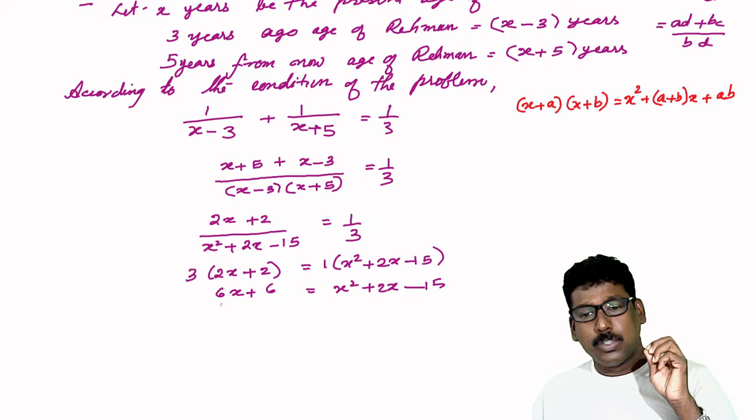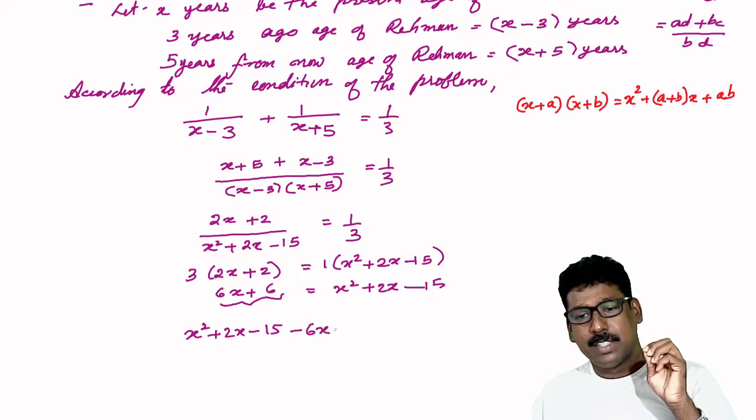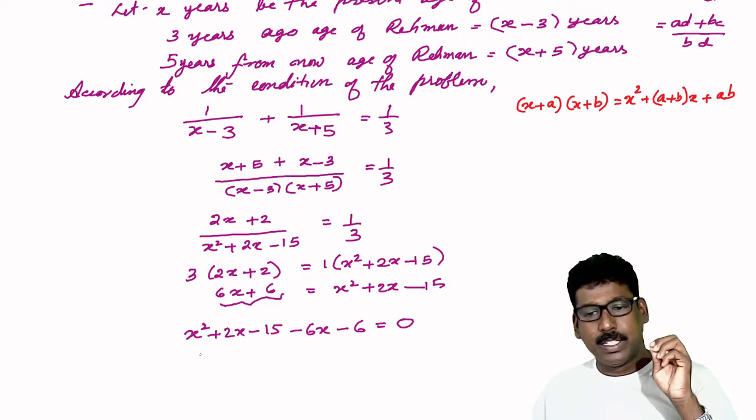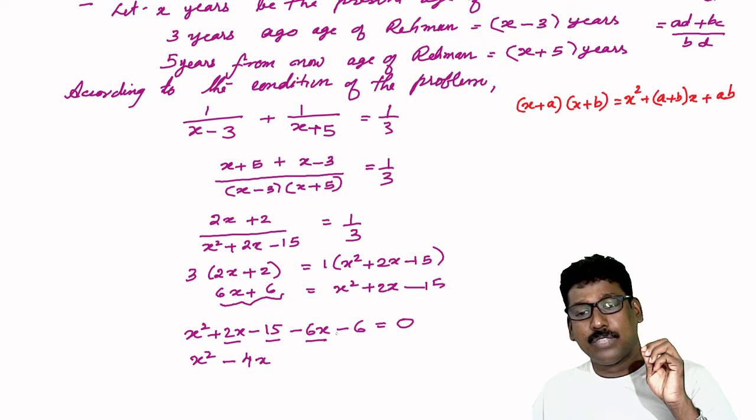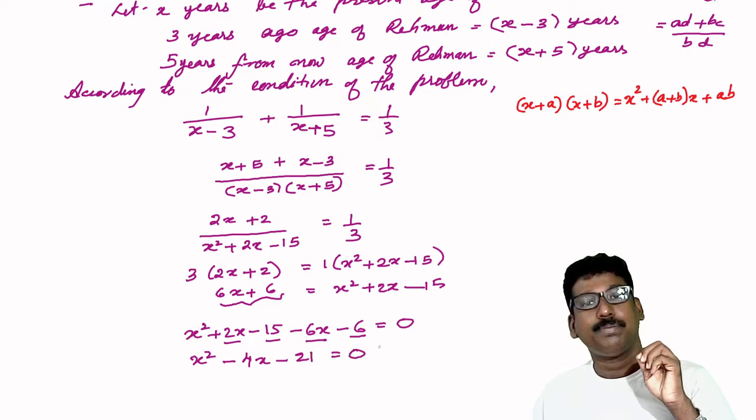Now transpose 6x plus 6 to the other side. So the other side is x square plus 2x minus 15. Transpose 6x, it will be minus 6x, and plus 6 will be minus 6, which is equivalent to 0. That is x square plus 2x minus 6x, it is minus 4x. Minus 15 minus 6, that is minus 21, is equal to 0.